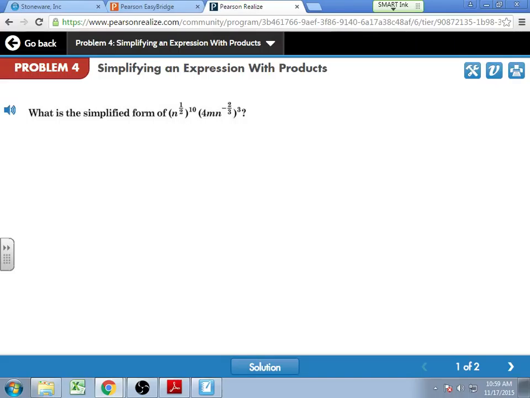So you distribute the power of 10 to the n to the power of 1/2, and then what you get is n to the 5th.